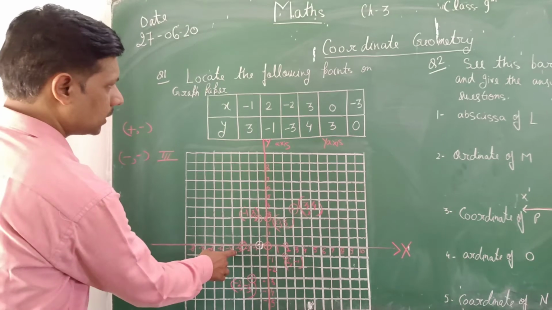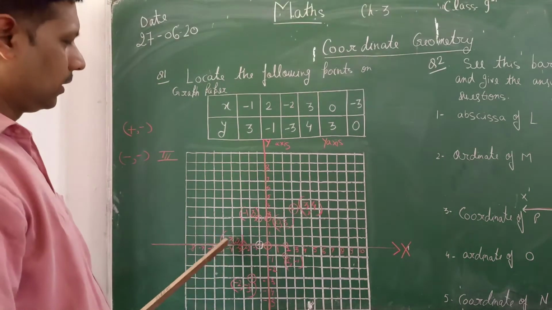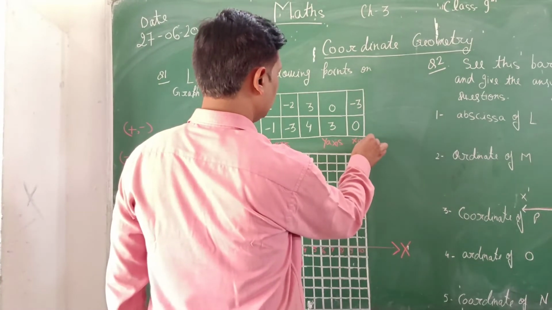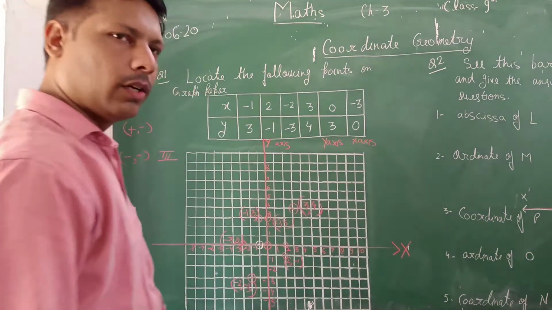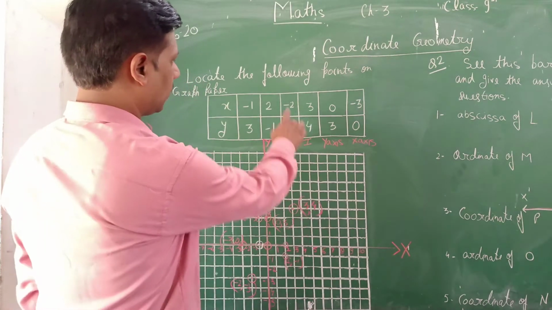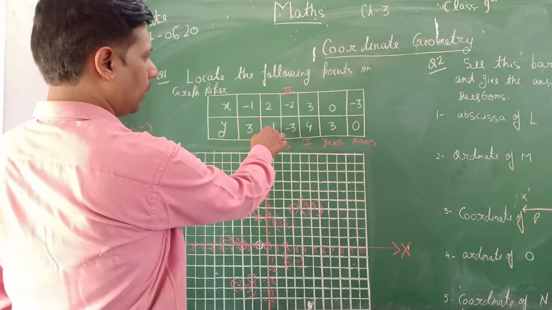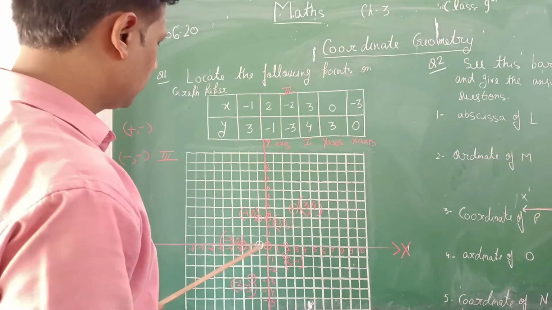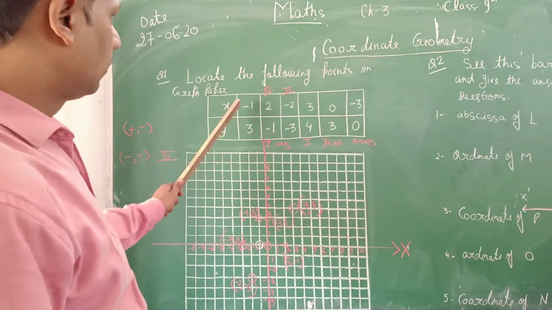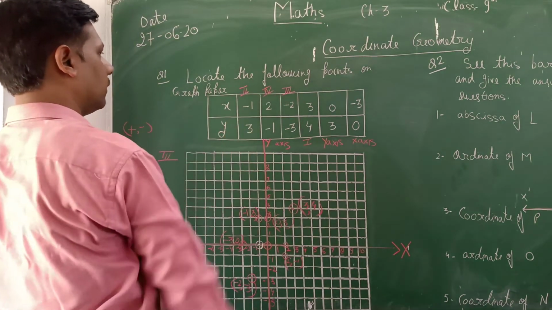So this is the location of the point (-3, 0) on the x-axis. Okay. Now (3, 4) lies in the first quadrant, (-2, -3) in the third quadrant, (2, -1) in the fourth quadrant, and (-1, 3) is in the second quadrant, right?